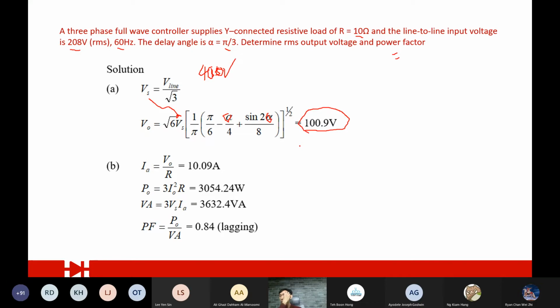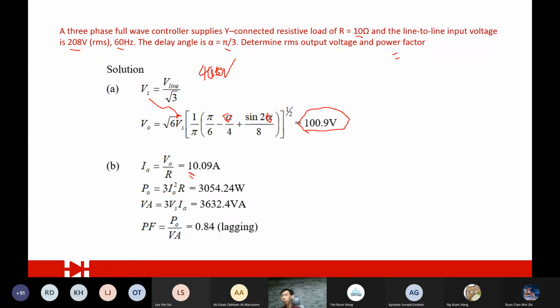And then similarly, to calculate the power factor, we need to calculate for one of the phases only. So the current, voltage divided by R, you get 10 amps. And then right now you're going to have this power output, but now it's 3-phase. So for the power output of 3-phase, you need to multiply by 3.